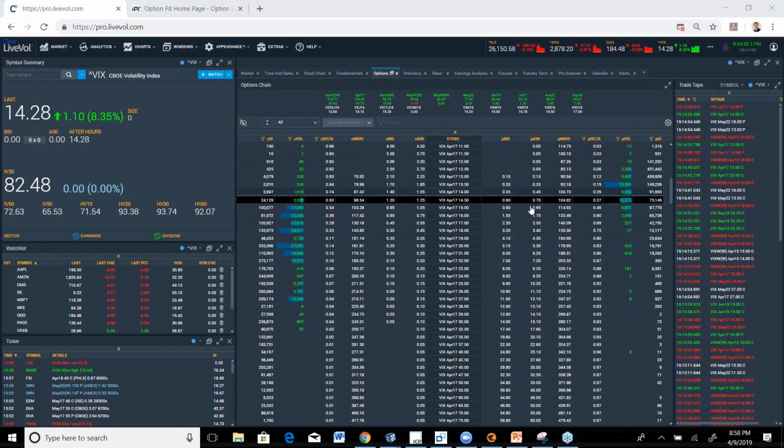So I can buy a 1-point put spread for 50 cents. Sounds normal, except if the VIX stays where it is, how much will I make? Well, my put spread would expire worth 72 cents. So I'd make 22 cents even if the VIX doesn't do anything.